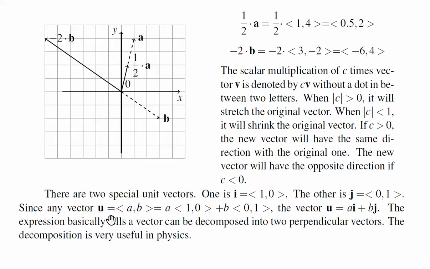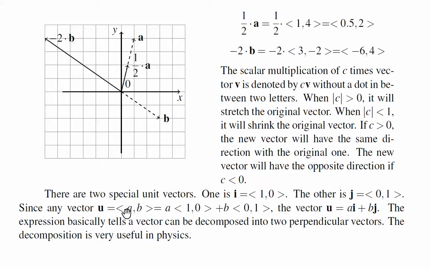Then we know any vector u, let's say (a, b), can be expressed in this way. Okay, so it's a times 1 and b times 0 added together.